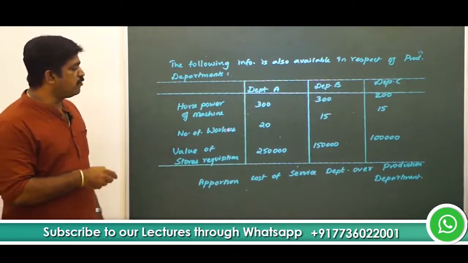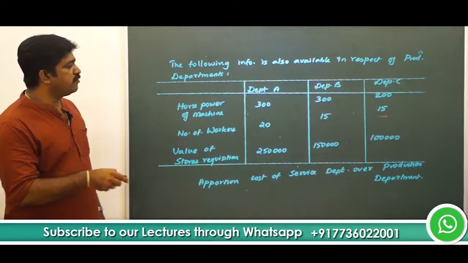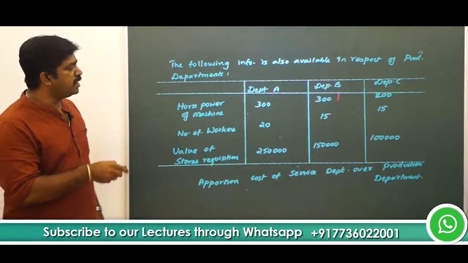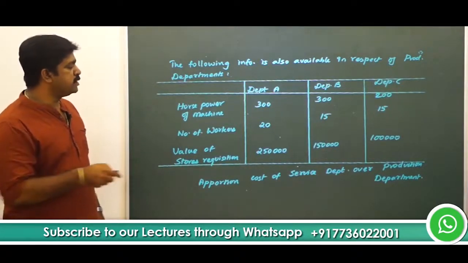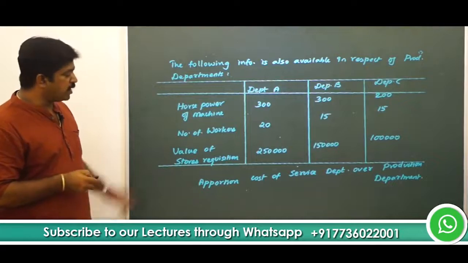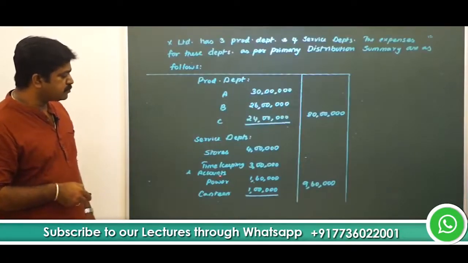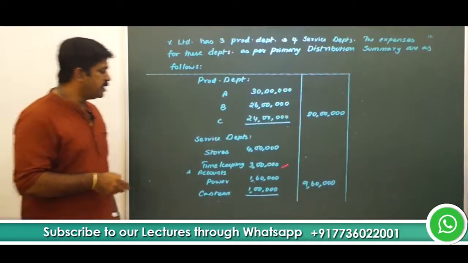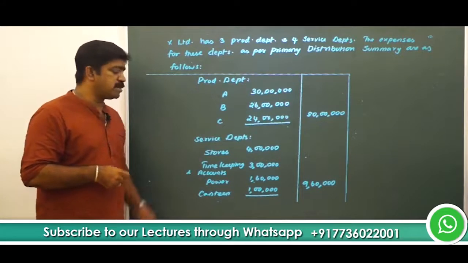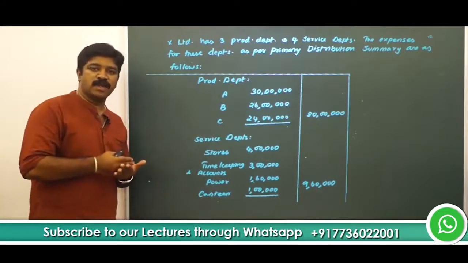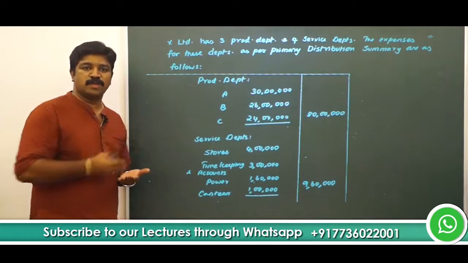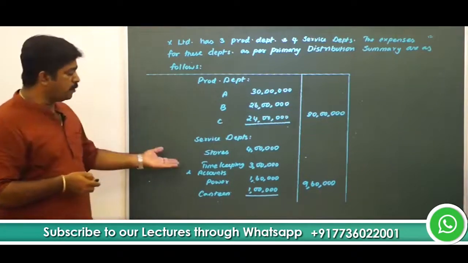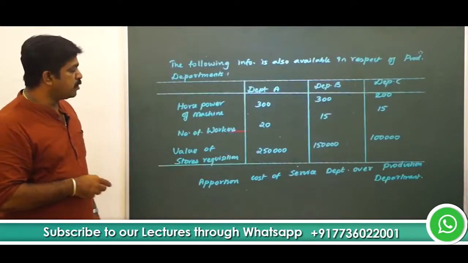Next you have number of workers 20, 15, 15 for department A, department B, department C. So where can we make use of this information? Timekeeping and accounts, their expense is 3 lakh. This is mainly for 3 production departments. It can be linked with the number of workers.